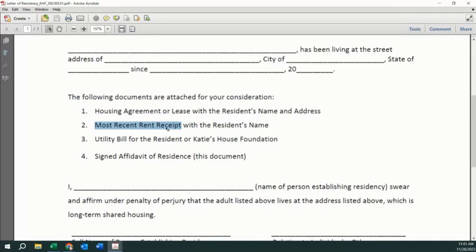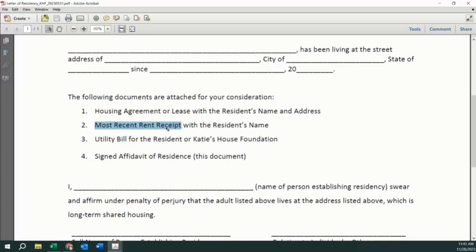That way, the government who's issuing food stamps, for example, can see, okay, Jack Smith does in fact live in our county at this address, and we will give him food stamps, or her or they.